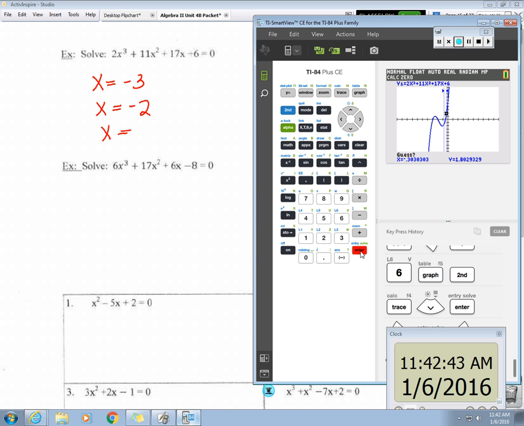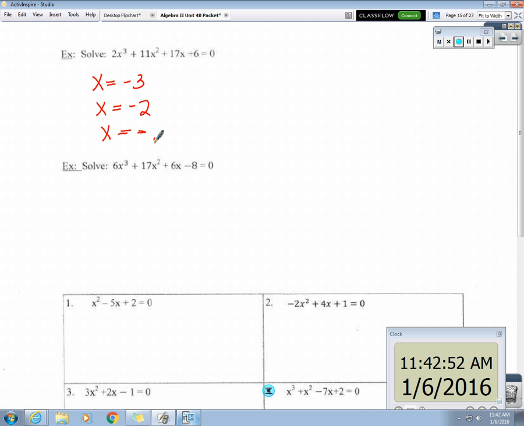Yes. So I hit enter. And then I hit enter once more, and I see that it's at negative 0.5. So those are your 3 solutions. And now we see why we couldn't factor it, because the solutions are not nice whole numbers. Okay, so now let's try this one.